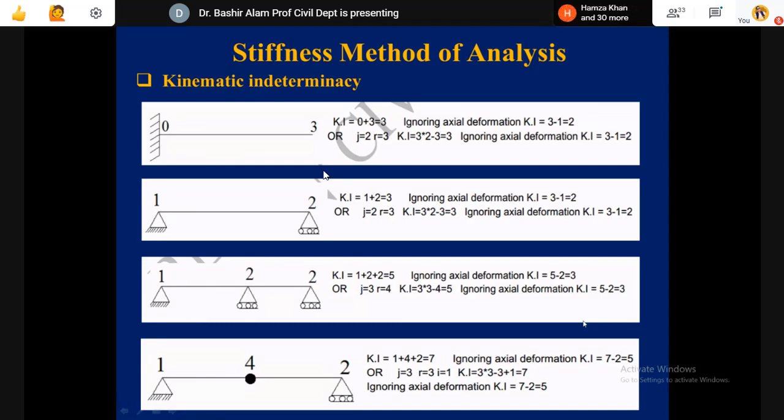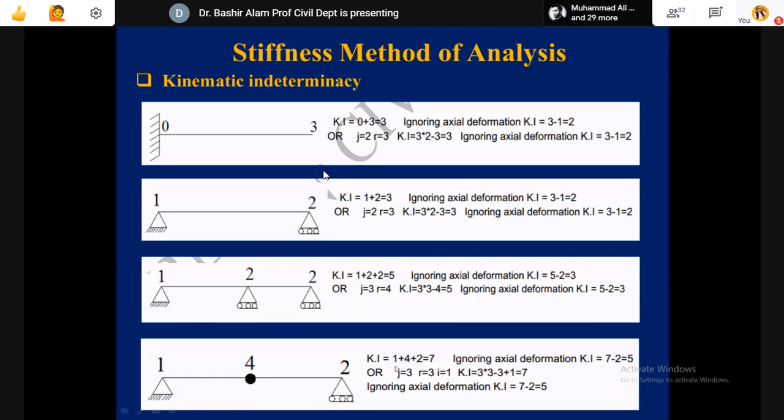Coming to the last sketch, at left we have a hinge support, so 1 degree of freedom. In the middle we have this circle, so we have 4 degrees. Which ones are those 4 degrees? 2 translations and 2 rotations. And at 2 we have 2 degrees, which is 1 rotation and 1 translation. If we add them up, it becomes 7 degrees kinematically indeterminate.